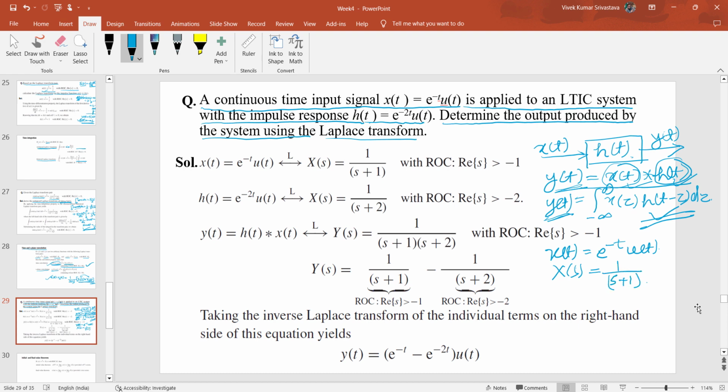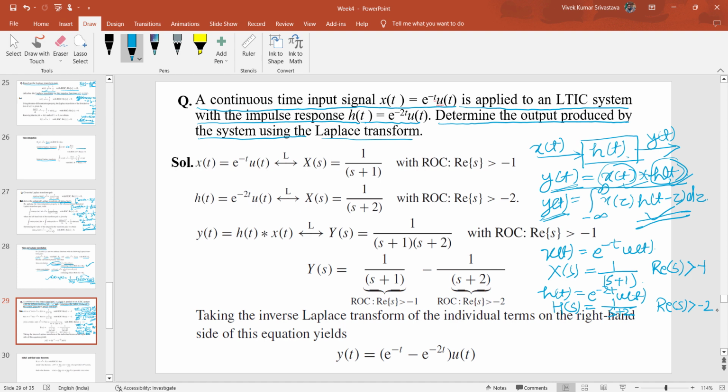Okay, and the region of convergence is real part of s greater than minus 1, whereas for the second signal h of t, e raised to the power minus 2t into u of t, H of s is defined as 1 over s plus 2. Here real part of s will be greater than minus 2.